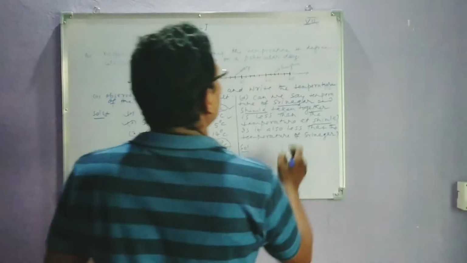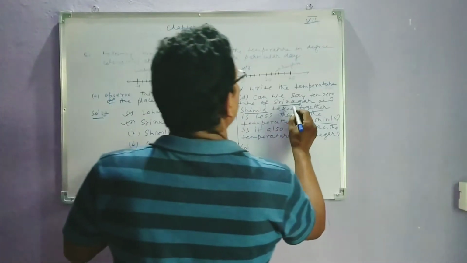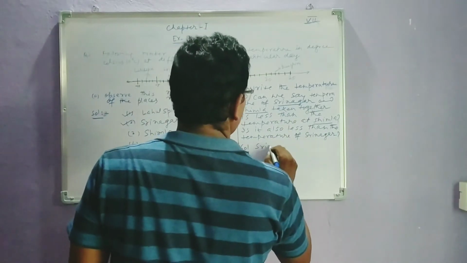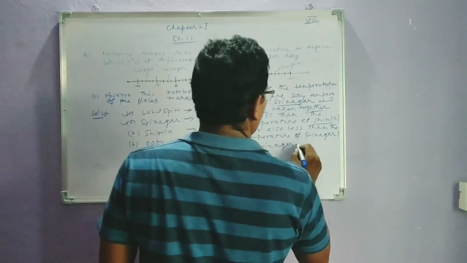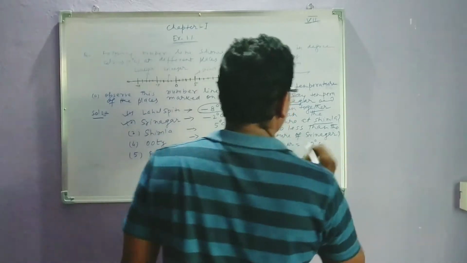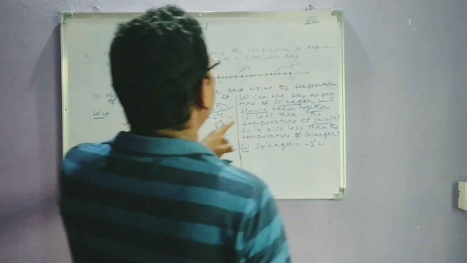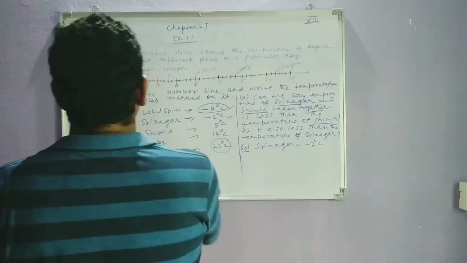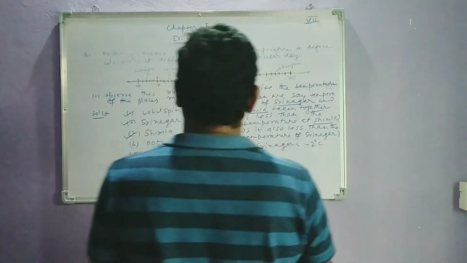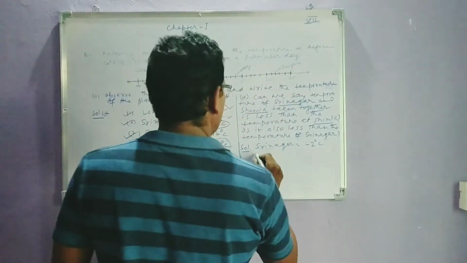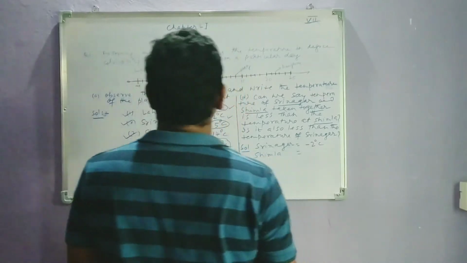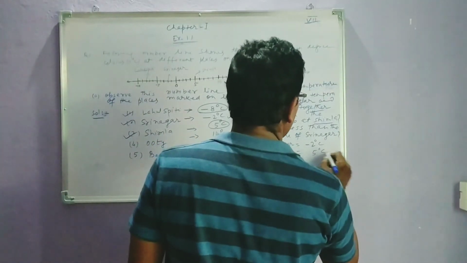So temperature of Srinagar first. Srinagar, this is what? Minus 2 degrees Celsius. Then temperature of Shimla. Temperature of Shimla is 5 degrees Celsius.